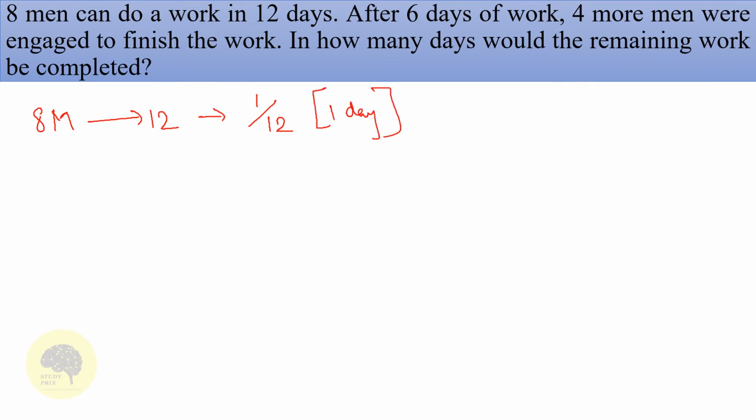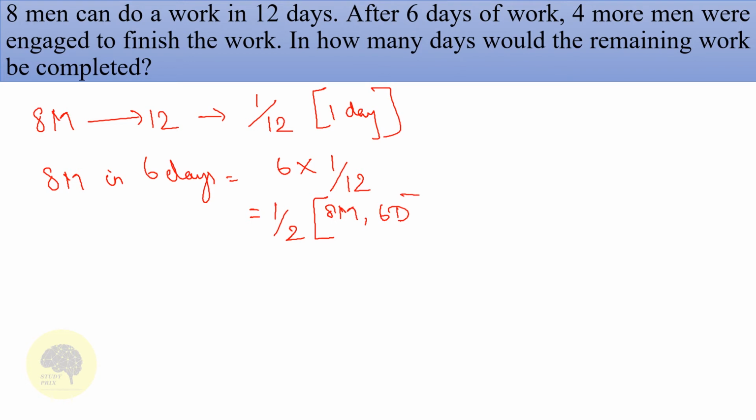And in the question it is stated that 8 men work together for 6 days. So we have to find the work done by 8 men in 6 days. It is nothing but 6 multiplied by 1 by 12. Therefore, 1 by 2 amount of work can be done by 8 men in 6 days.